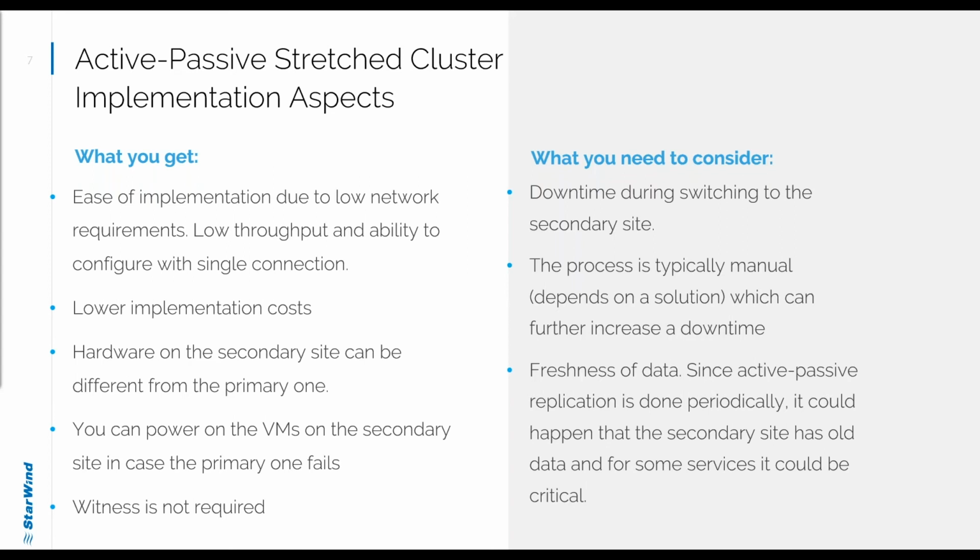And this correspondingly translates into lower implementation costs. You can even use WAN connections between the primary and a secondary node to use the asynchronous or active-passive replication. And depending on the solution used, the network requirements can range from 100 megabits per second to 250 megabits per second.